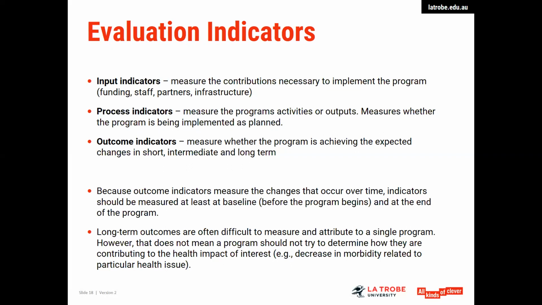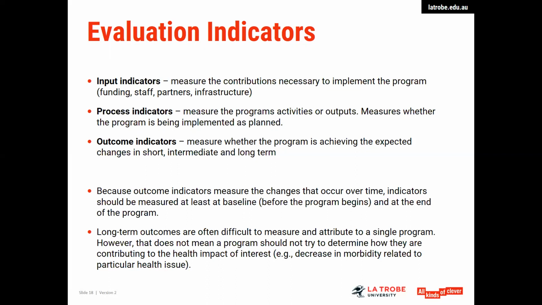The indicator might be around the number of materials produced or the format that we've used to produce those materials. It might be the number of sessions that we've run, if we were doing, for example, a health education program. So those are the sorts of indicators that would give us our measures for success in terms of the process.